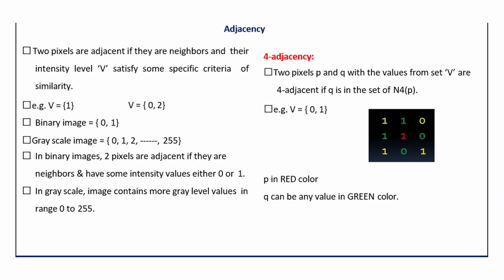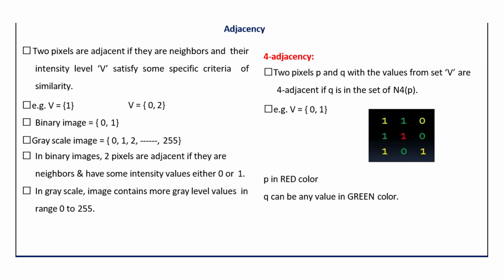Here, P is the red color, which means that is the point of interest of an image block. In this, the point of interest P. Q will be anything in green color, which means that two pixels P and Q with the values from set V are 4 adjacent if Q is in the set of N4 of P. So here Q can be any value in green color and the remaining in yellow color are their neighborhood.